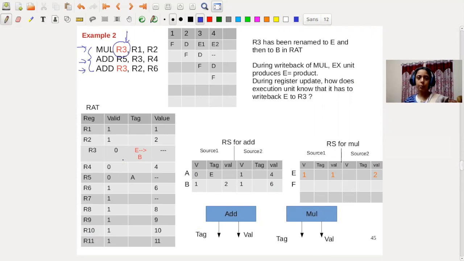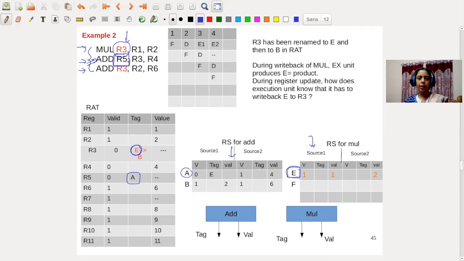So let us assume that it has been issued to this reservation station and therefore it is first renamed to E. And similarly, the add gets issued to the first reservation station and its name is A. So R5 is the destination which gets renamed to A. Let me repeat, the first multiply is going to get issued to the reservation station E, and it has been renamed to E in the RAT.